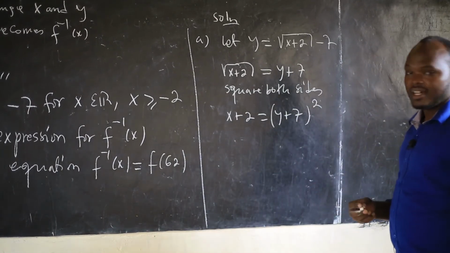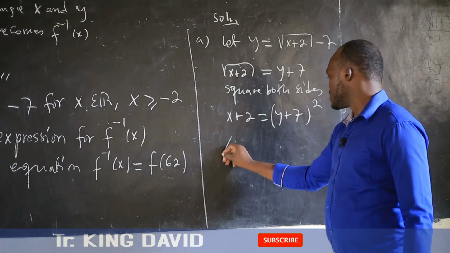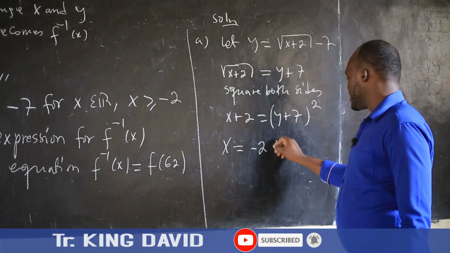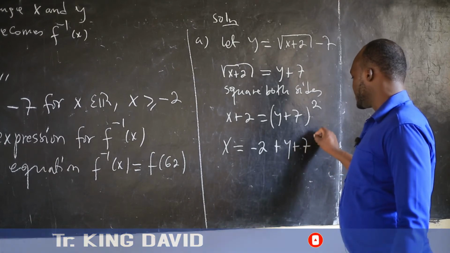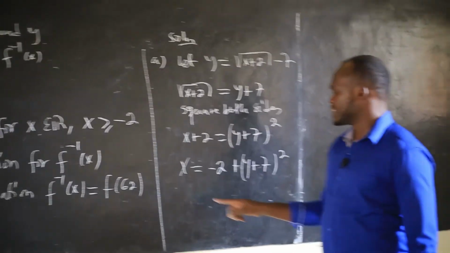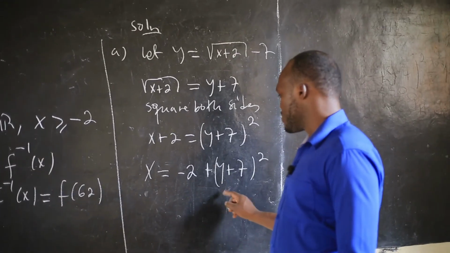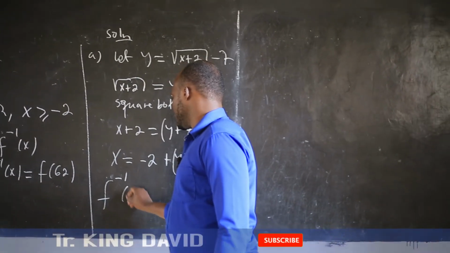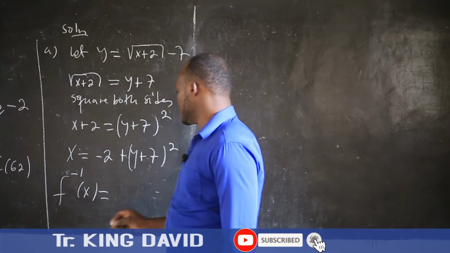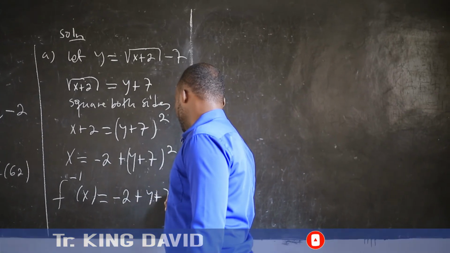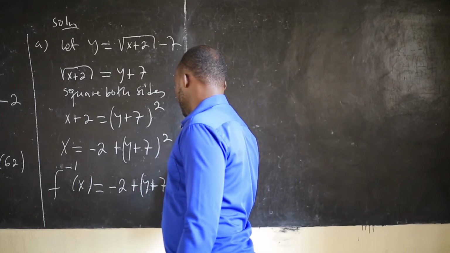So we make x as subject of the formula. It will be x equal to negative 2 plus y plus 7 squared. Then we interchange where there is x equal to inverse and where there is y equal to x. So that is f inverse, which is negative 2 plus y plus 7, then squared.